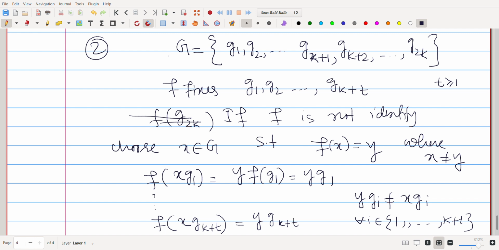That will imply that F doesn't fix at least k plus t elements, which is a contradiction, because the total number of elements in G is 2k.